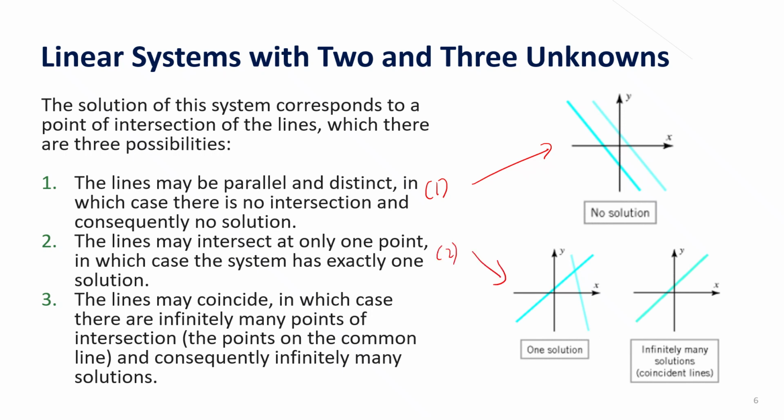The second one is this one, where you have lines that intersect at one particular point. And finally, the third one, where the lines coincide with one another, so they have infinitely many points of intersection. Consequently, it also has infinitely many solutions.